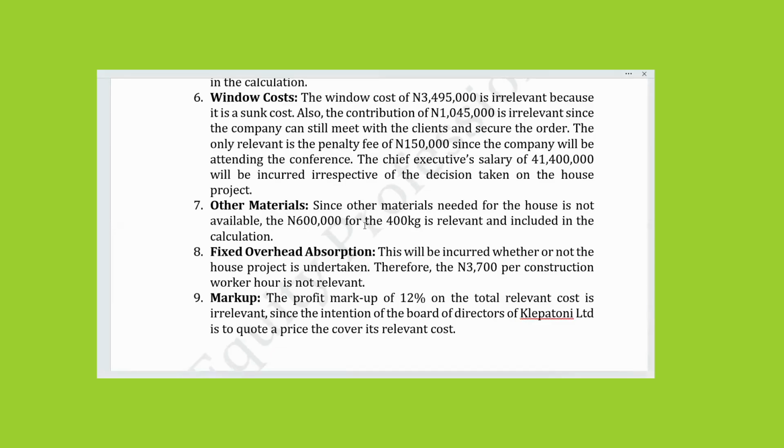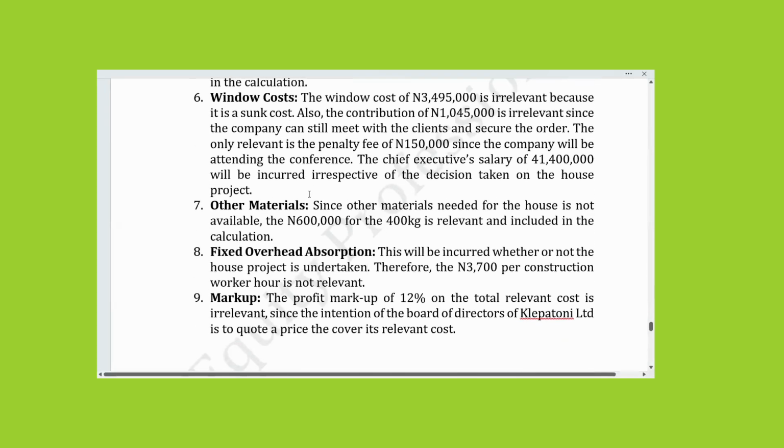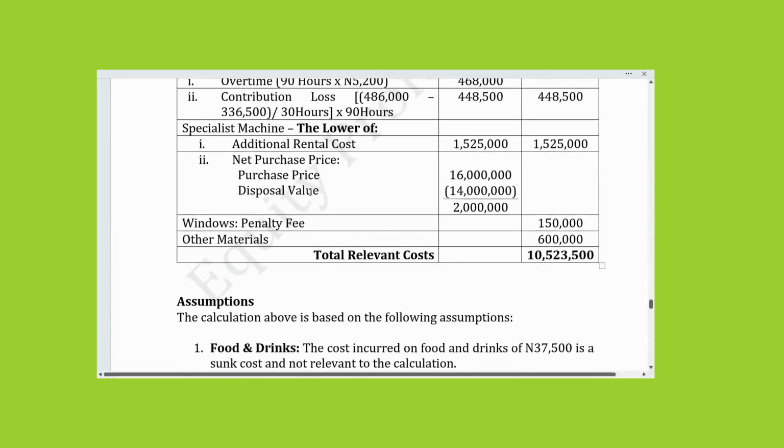I've explained it now, maybe I told you when I was treating that information. I said the examiner has told you that the other material is not in the inventory and it will be needed. So they've purchased 400 kilogram at 600,000. If you are told it is 600,000 naira per kilogram, then you can multiply 600,000 by 400. But as it is now, the entire 400 kilogram is purchased at 600,000 naira.